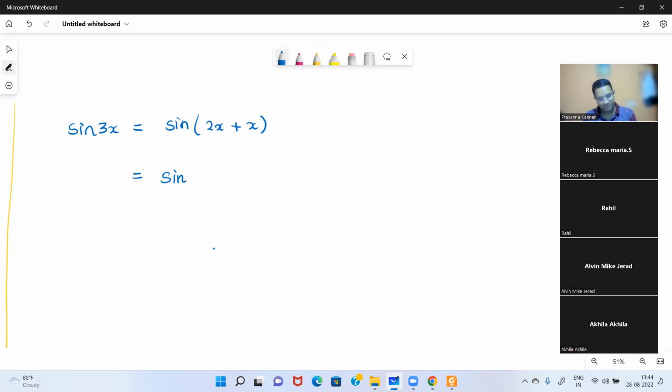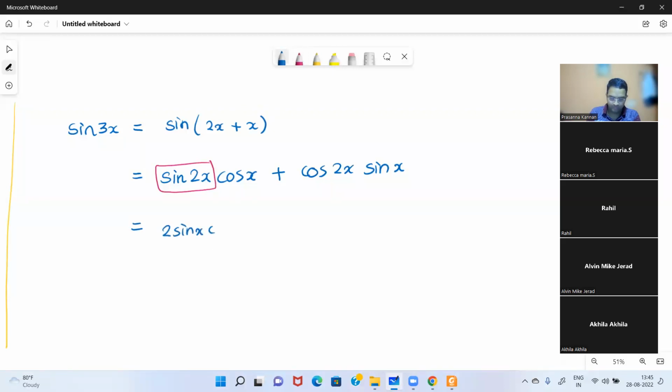Sin x cos y plus cos x sin y. Exactly. So in place of x, I am substituting 2x, and in place of y, I am having x, correct? Now how can I write sin 2x? 2 sin x cos x.